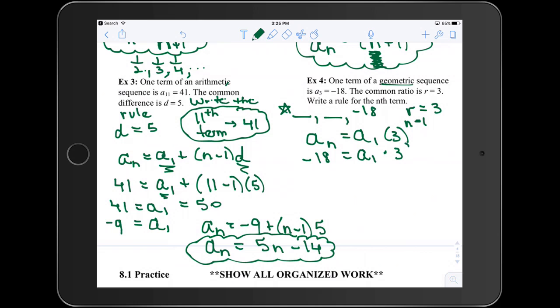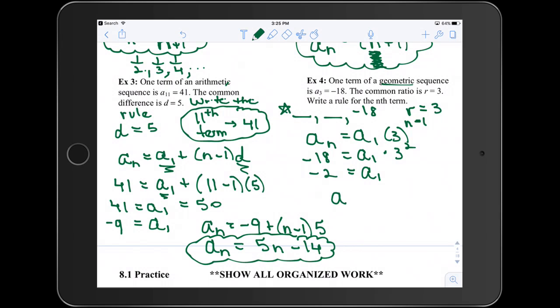3 minus 1 is 2. So then I can solve this super fast. 3 squared is 9. -18 divided by 9 is going to give me -2, just like I would have figured out by working backwards. But again, working backwards doesn't work very often because teachers don't write them like that. So just keep that in mind. Use the algebra to solve for the initial value or the first term value.